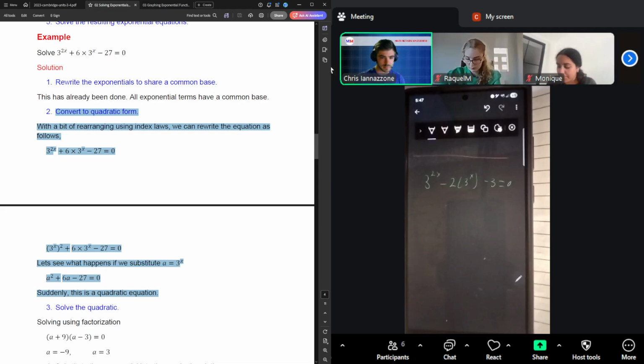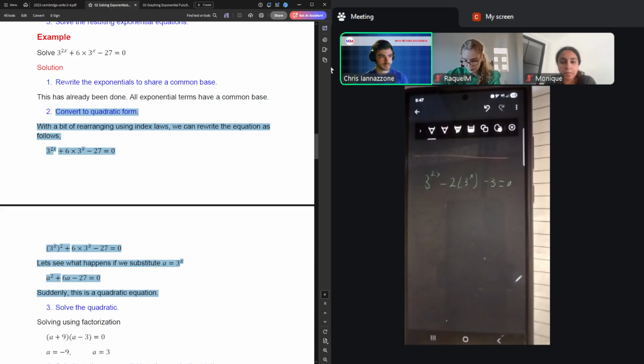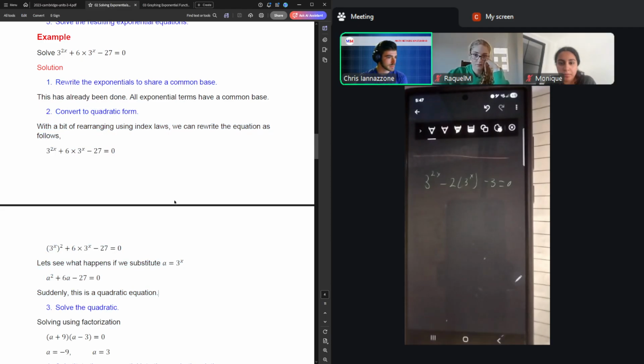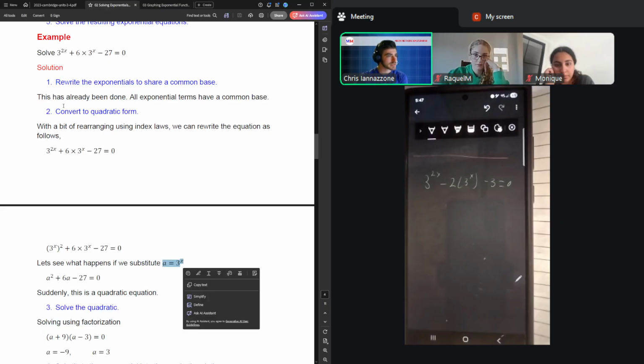Anyone want to take a stab at what that might look like? We're going to be doing a substitution of some sort. In this case, we substituted a equals 3 to the power of x in the screen share version. Why have we done that? And is that applicable here, perhaps?